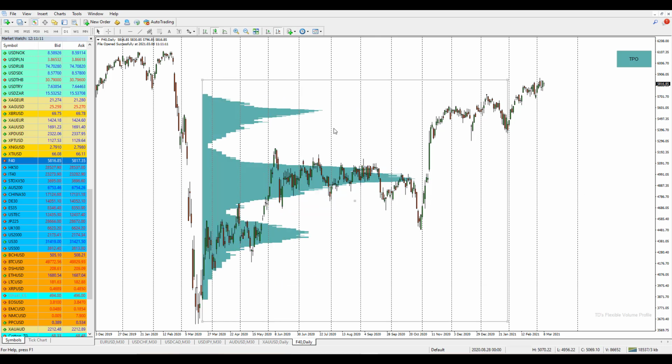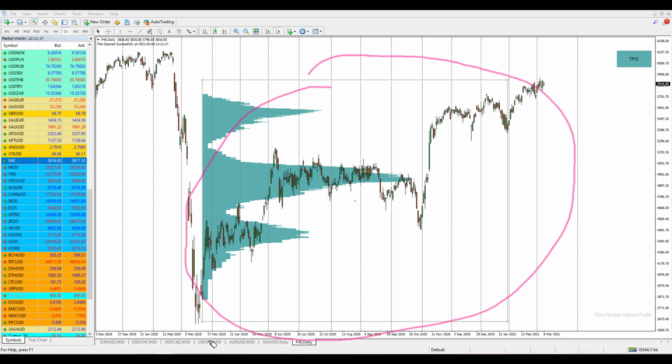In this recent price development starting in March 2020, so actually this is the last year, you can see that the most important zone was definitely this one. This is where the heaviest volumes got placed. Now, the point of control of this area is in here. Alright, so this is the most important place.